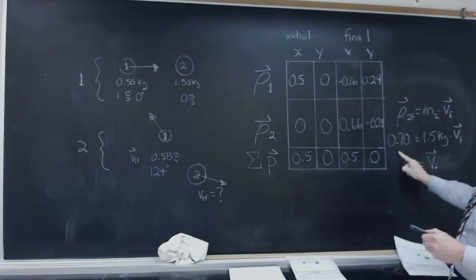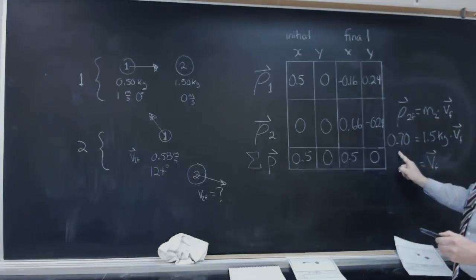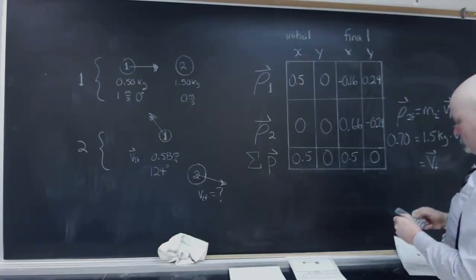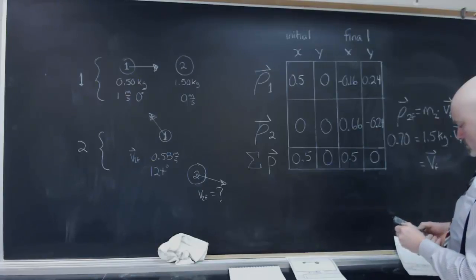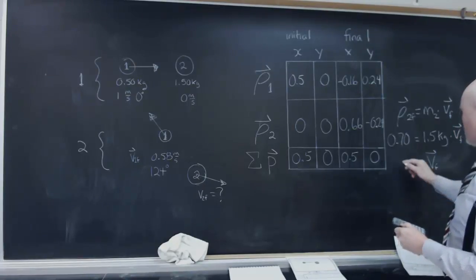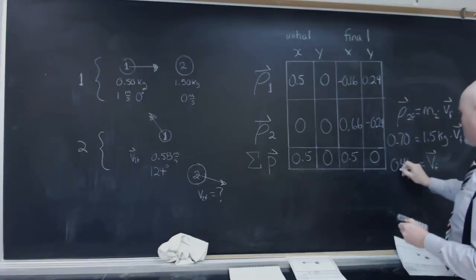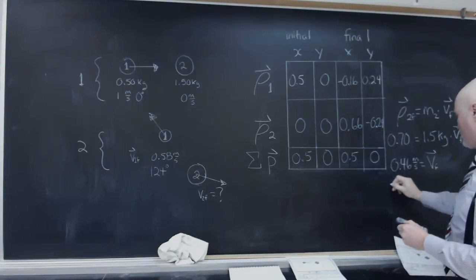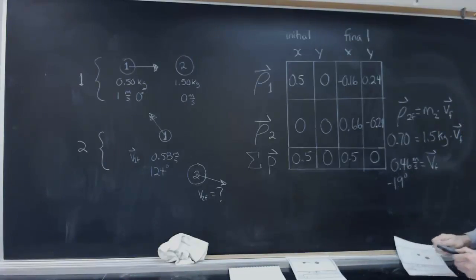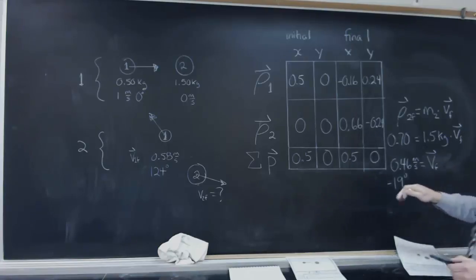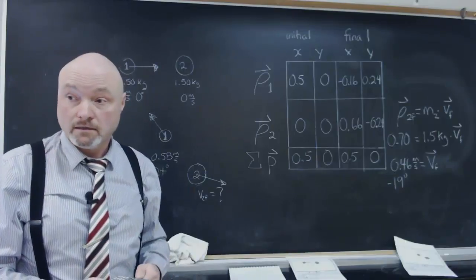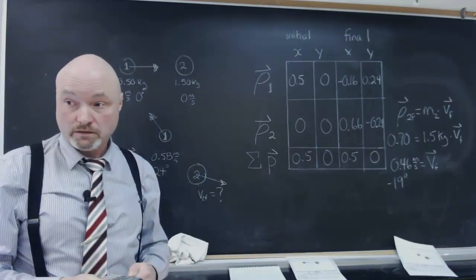Oh, and sorry, this is oriented at an angle of negative 19 degrees. And so there's my final velocity for the second mass. It's going 0.46 meters per second at an angle of negative 19 degrees relative to the x-axis.